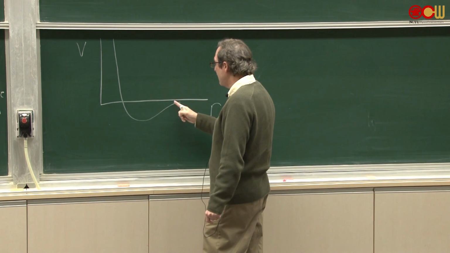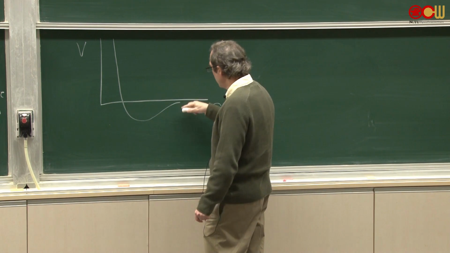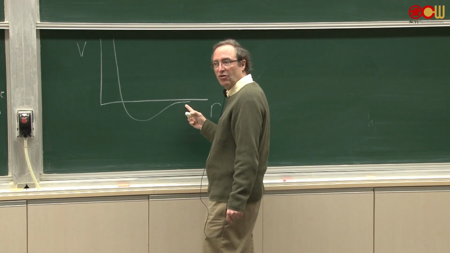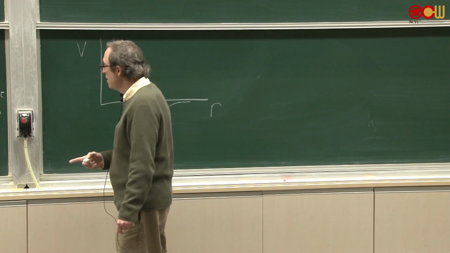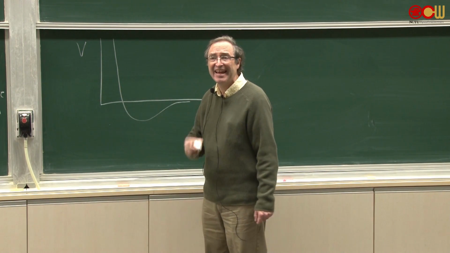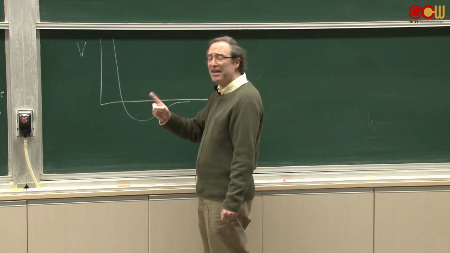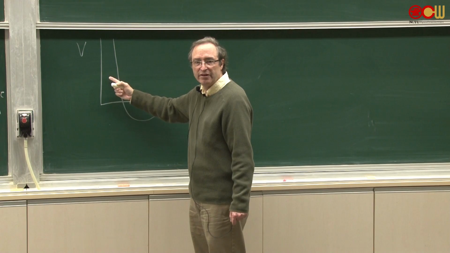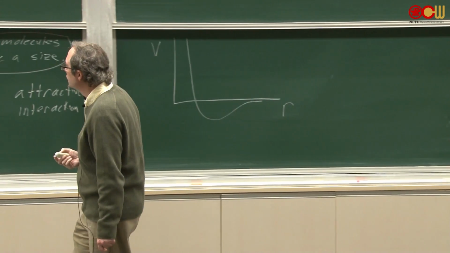And then we have a kind of attractive well down here. All right? So this is the weak attraction at large distances. All right? So we can see from this that at the highest densities, the volume very low, the size of the particles is most important. All right? So the size of the particles is most important.